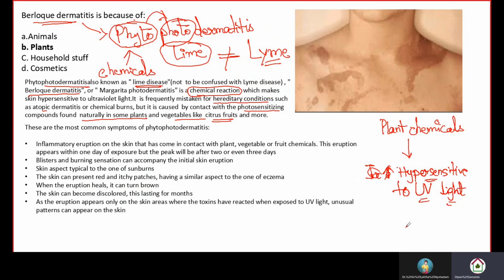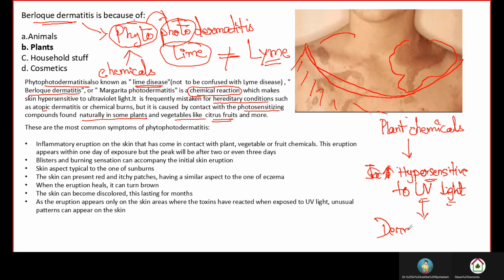And that is why these patches, this dermatitis you can see, is due to the sun rays. That's why you see the exposed area, mostly the exposed area, like we wear clothes, so mostly the sun exposed area will get dermatitis.